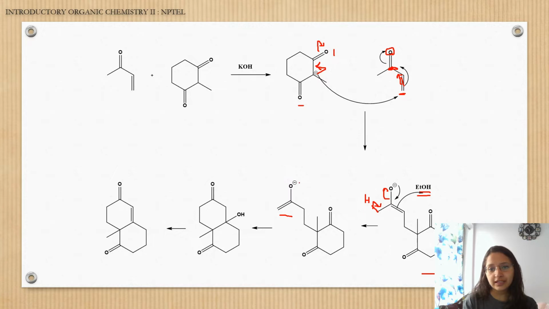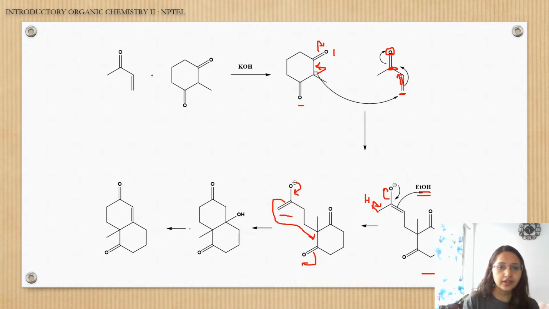So now when this oxyanion again goes down, this double bond will trap this carbonyl, and it again goes up like that. And a six-membered species is now getting generated here. So this is how a six-membered ring is getting generated, and this is the carbonyl which is now going down.